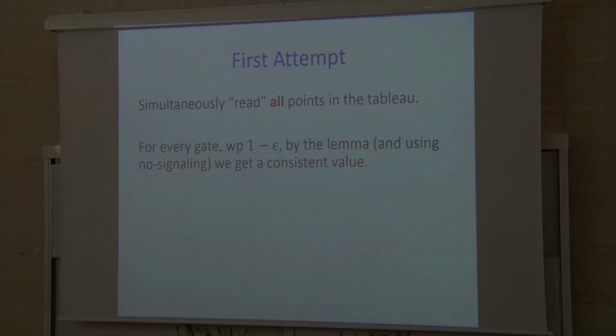So when we ask about all of the gates, just by taking the union bound, we get that with probability 1 minus t times s, which is just the size of the tableau, times epsilon, and I'm thinking of epsilon as being very small, much smaller than 1 over t times s, we get global consistency. So the entire table is consistent. Now, since we explicitly checked the input and output gates, that means that the entire computation is the correct computation on the input x. And therefore, the output bit should be a 0, and we explicitly checked that it's a 1. So the verifier is supposed to reject in this case. So we derive the contradiction.